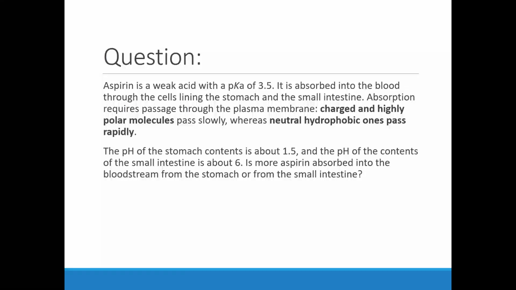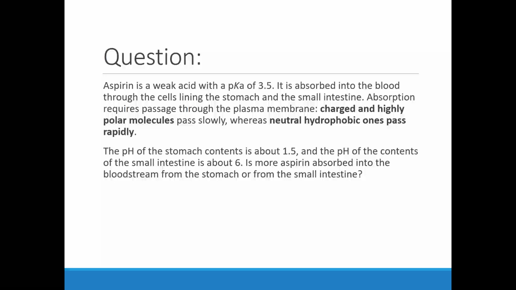The question here is, if the pH of the stomach's content is 1.5, and the pH of the contents of the small intestine is 6, is aspirin absorbed more into the bloodstream when it's in the stomach, or when it is in the small intestine?